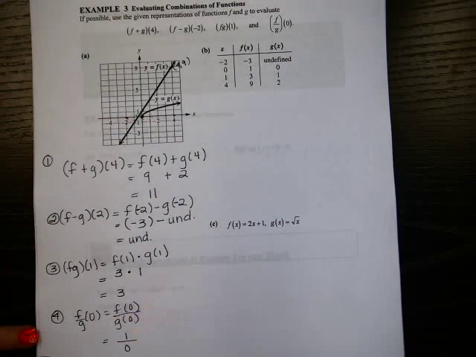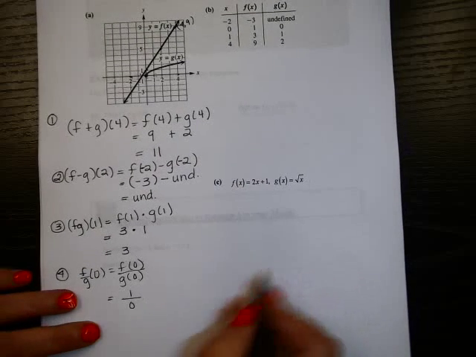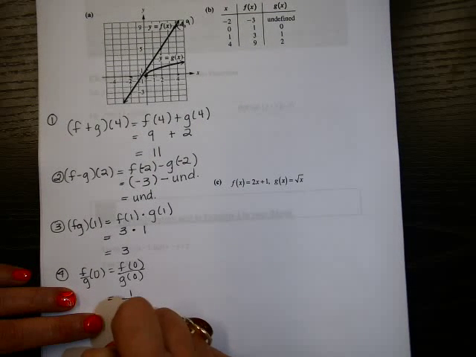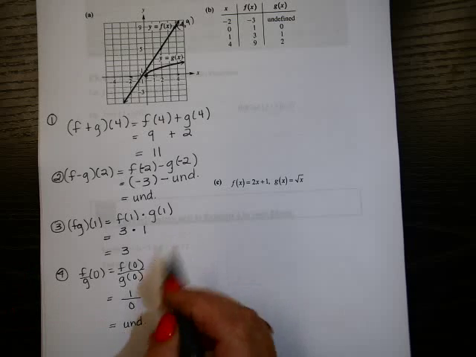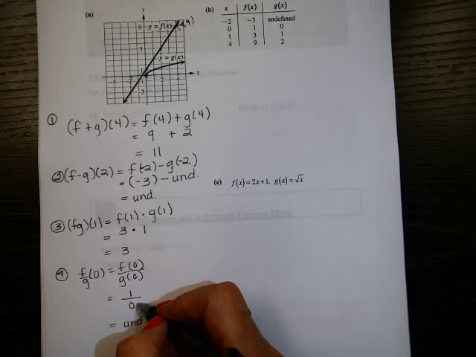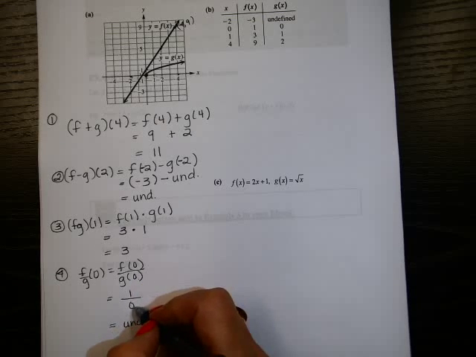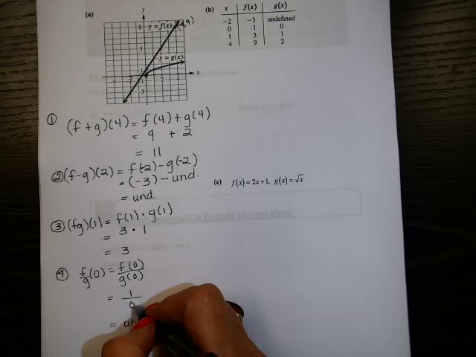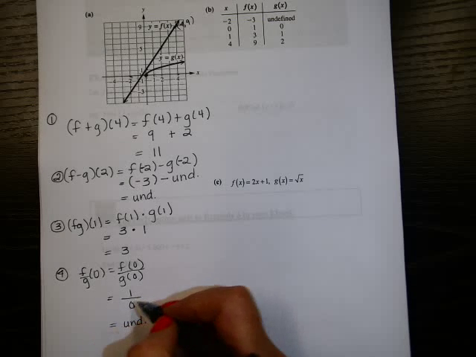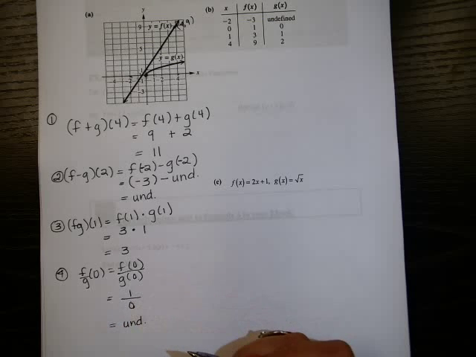We have 1 over 0. Do you remember what that is? That is undefined. Remember, you can never have a 0 in the denominator because of the definition of a fraction. This is how many pieces make the whole. If there's 0 pieces that make the whole, can you have 1 piece out of nothing? And that's impossible. It's undefined.